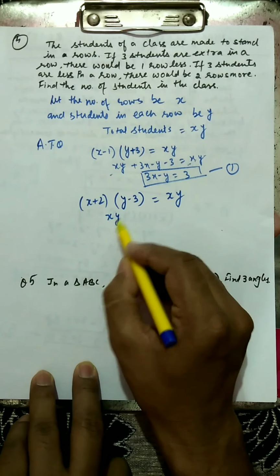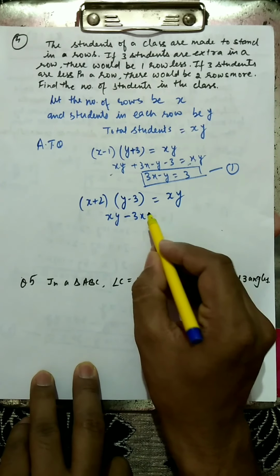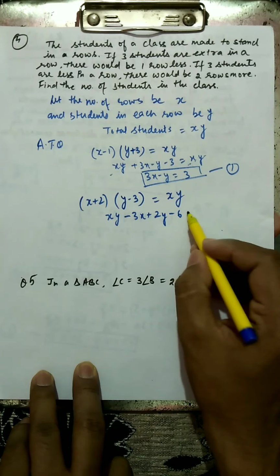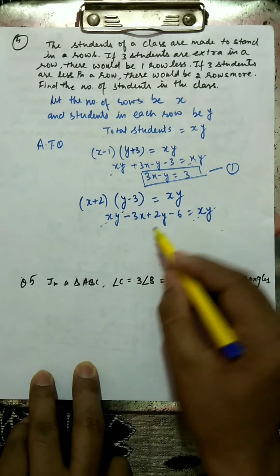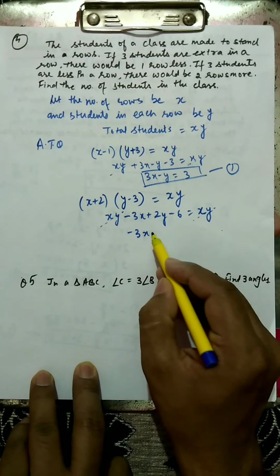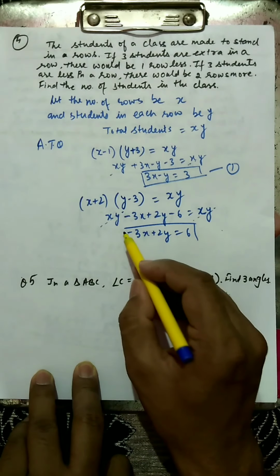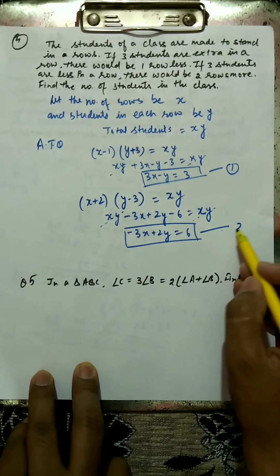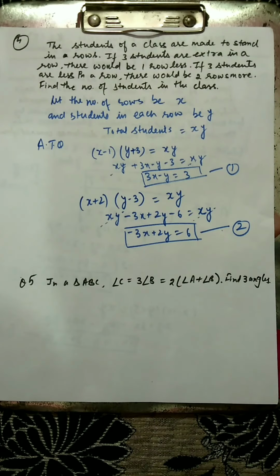So you cross multiply this side: xy minus 3x plus 2y minus 6 equals xy. So this xy will get cancelled, and this will become minus 3x plus 2y equals 6. So this is your equation number 2, and now you can solve these two equations by any of the methods that you have learned.